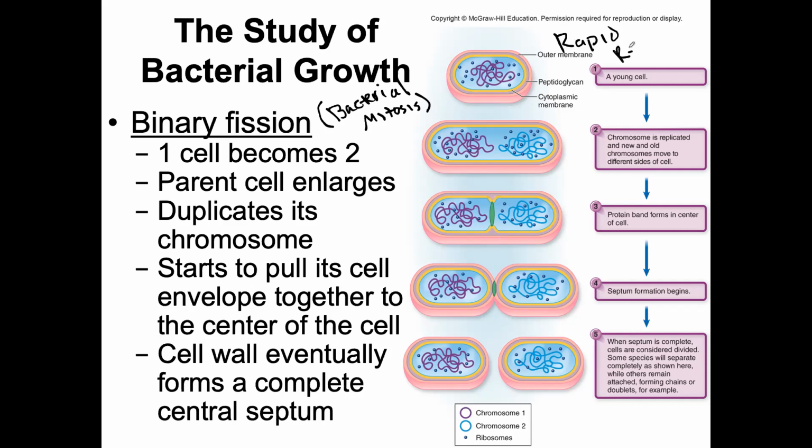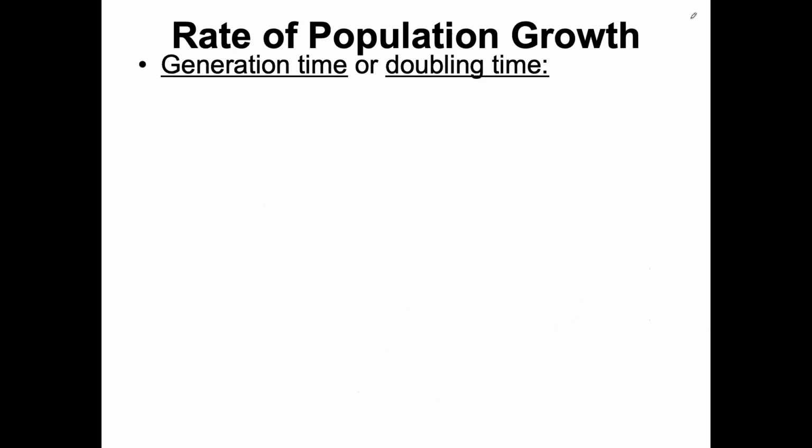Rapid reproduction. The generation or doubling time is the amount of time it takes to go one round of reproduction. So we increase the population by a factor of 2.